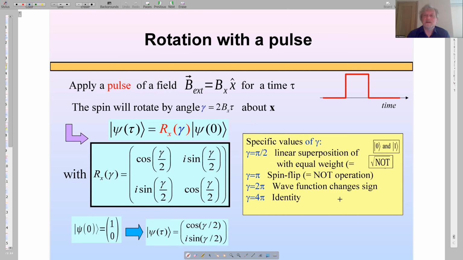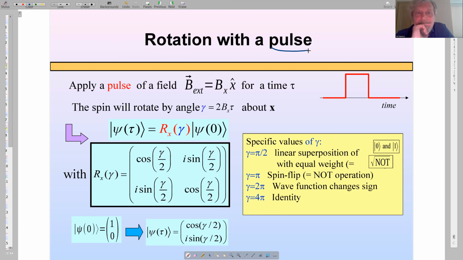Let us first talk about pulses of a field in a certain direction. At the moment we could put all fields to zero, no Hamiltonian at all, so the wave function is supposed to be stationary.